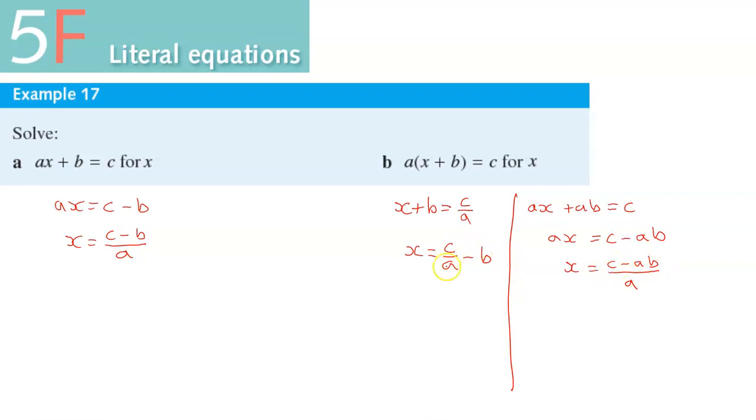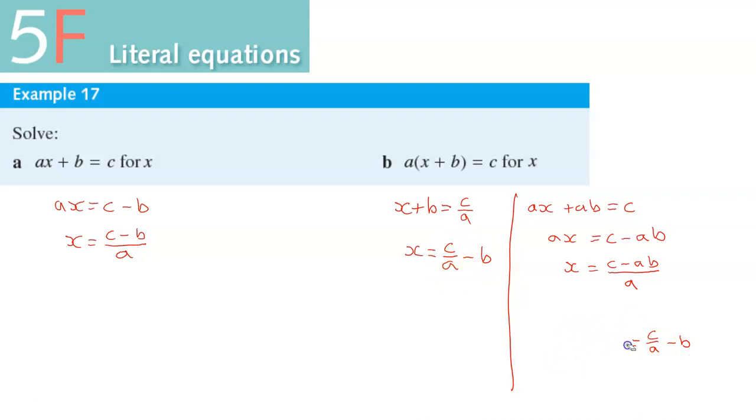Now these two solutions do look different, but they're not. If I were to separate this, so this is just me explaining, c over a minus ab over a, you can see that we have a common factor of a in this fraction. So that's c over a minus b, which is the same as what we have here.